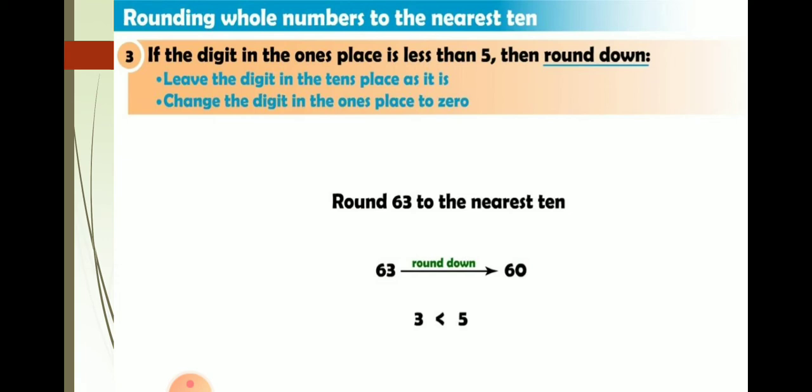So students, look at the digit in the tens place. Now you will see the digit at the ones place is 3, which is less than 5. So first you will leave the digit at the tens place as it is, that is, you will write 6. Now you will change the digit in the ones place to 0, that is 60.